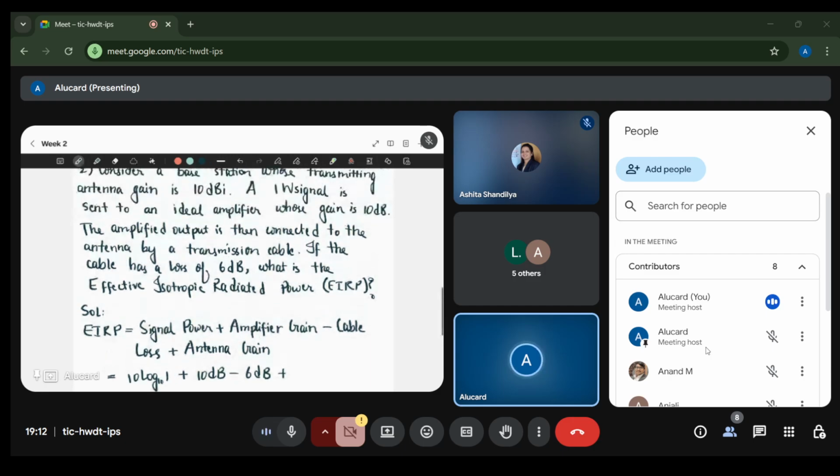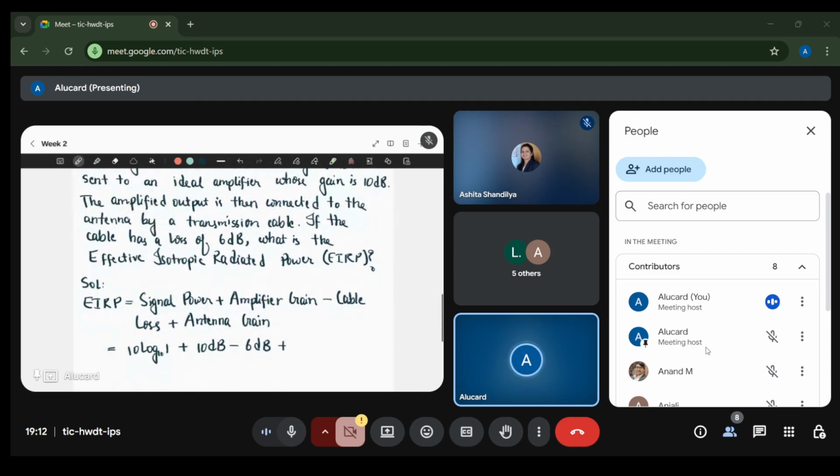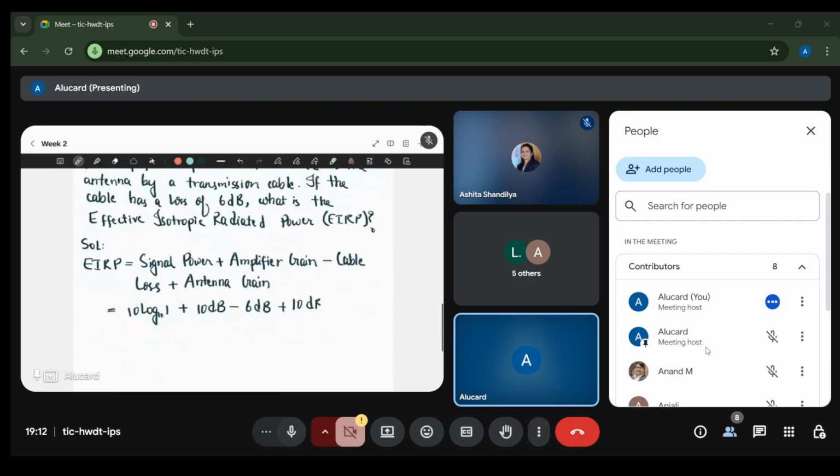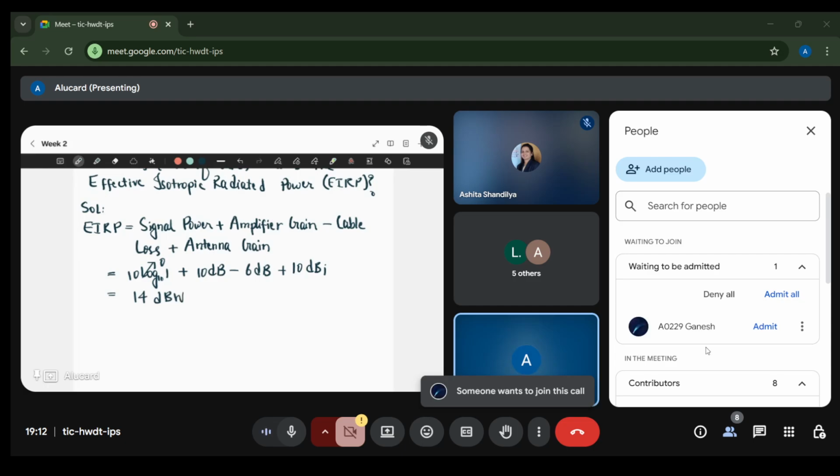And then antenna gain was 10 dBi. So first term is 0. 10 minus 6 plus 10 is 14. 14 dB watts.